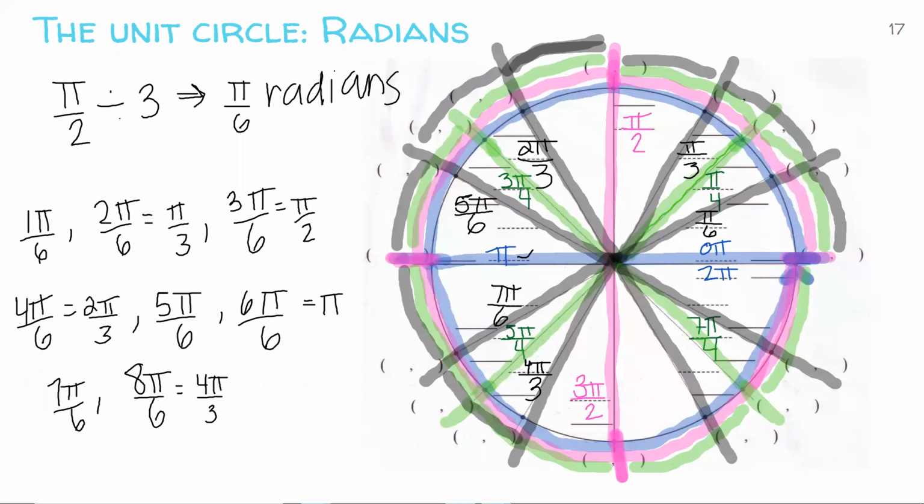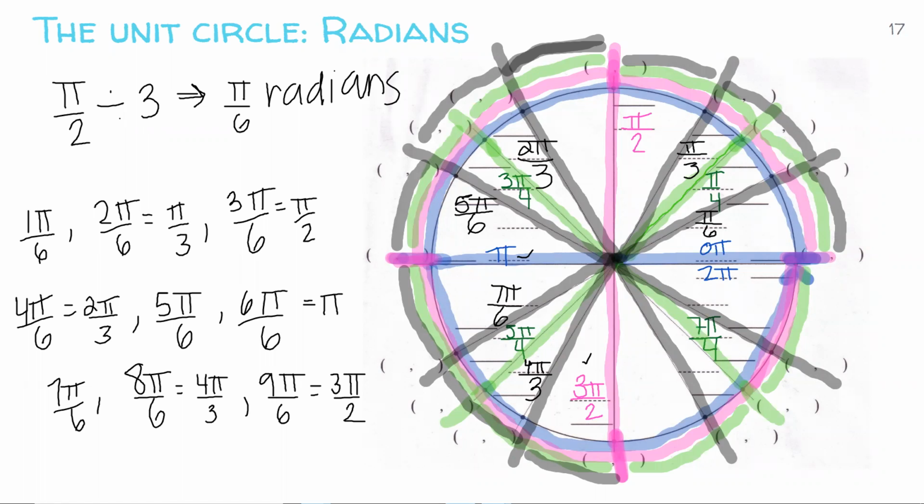This arc length. The next one is going to be 9 pi over 6, which reduces to 3 pi over 2, which we already have in pink. And we just continue on this pattern for quadrant number 4.